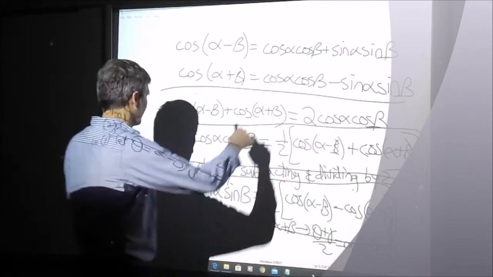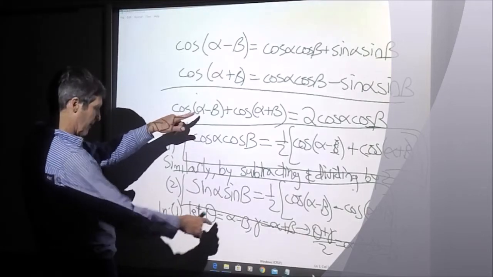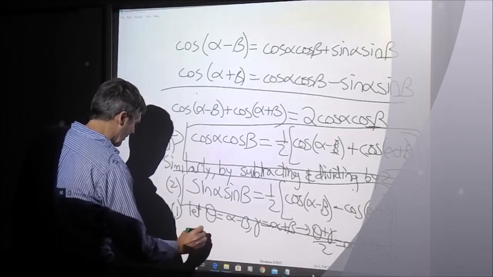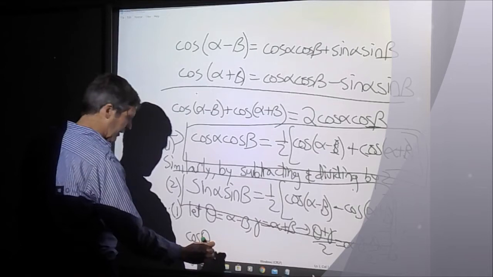And now I put those into equation 1, and I get, well, alpha minus beta is theta. I get cosine theta plus cosine alpha plus beta, well, that's cosine gamma.